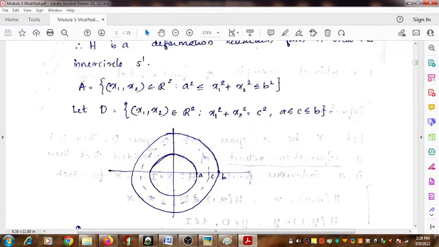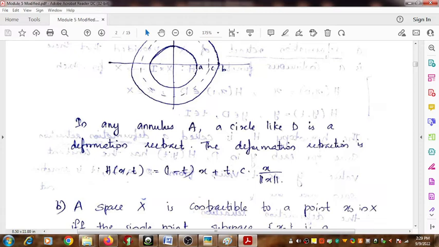See, it's the circle which comes between the smaller circle and the bigger circle. So c satisfies the condition a less than or equal to c less than or equal to b.